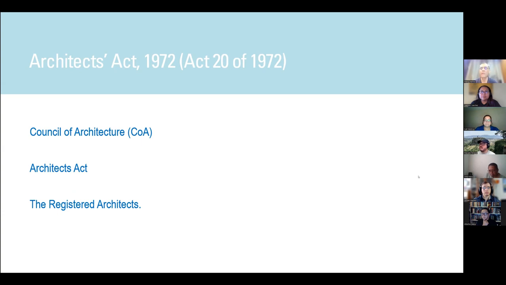It means your name is registered with the council. The register is the one maintained by Council of Architecture of registered architects. So it basically talks about registered architects, their educational qualifications, when they graduated, and this is basically a licensing authority where you can use the title architect.